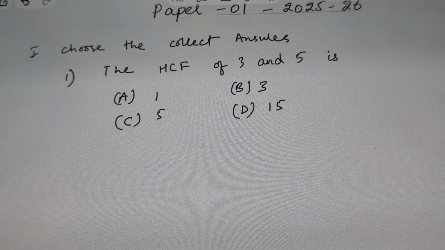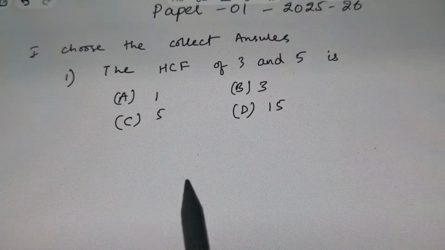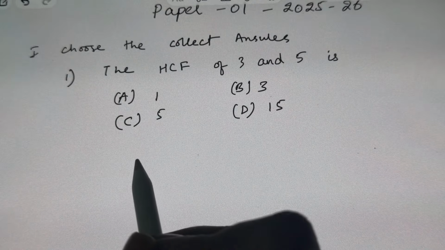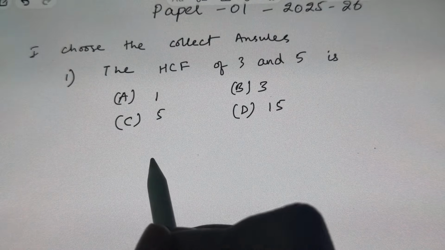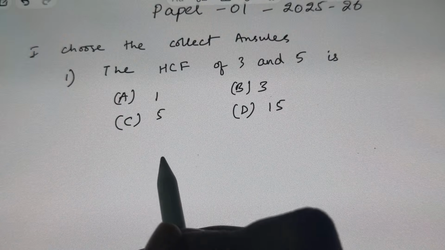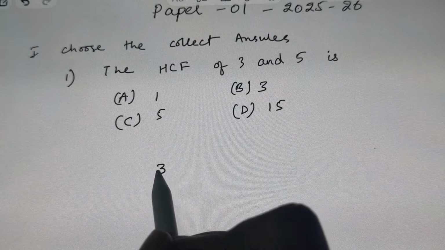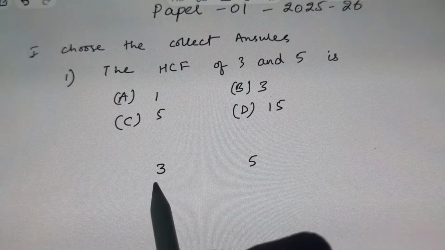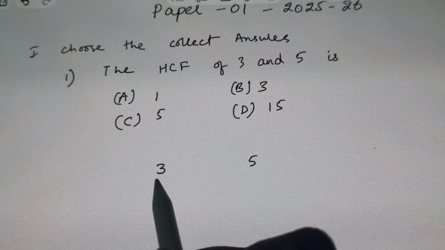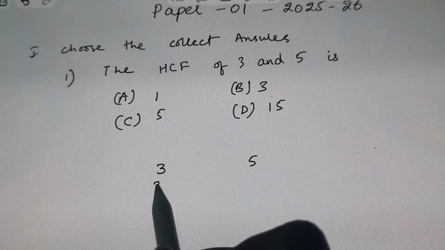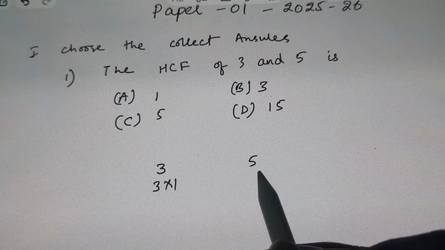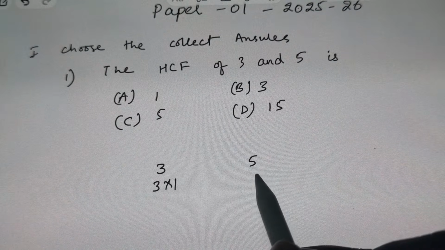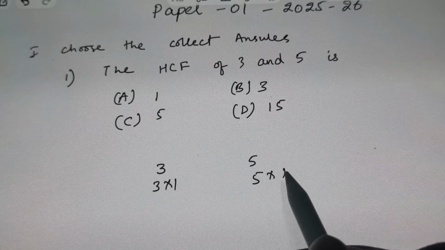So first of all you have to solve the given question. So how to solve the HCF of 3 and 5? First you have to take the common factors. Let us take the two numbers 3, 5. Let us find the common factors. The factors of 3 are 3 cross 1. Similarly, the factors of 5 are 5 cross 1.